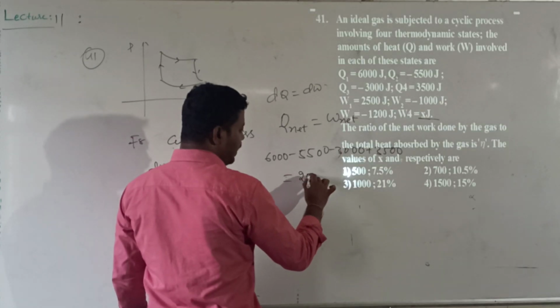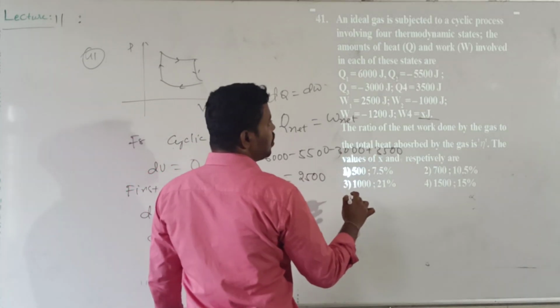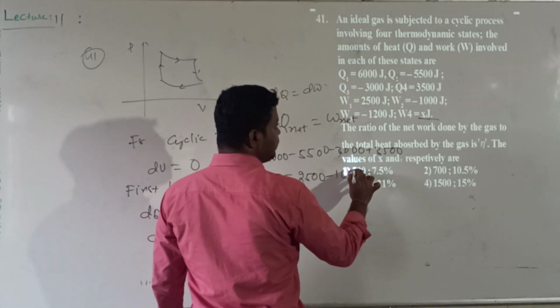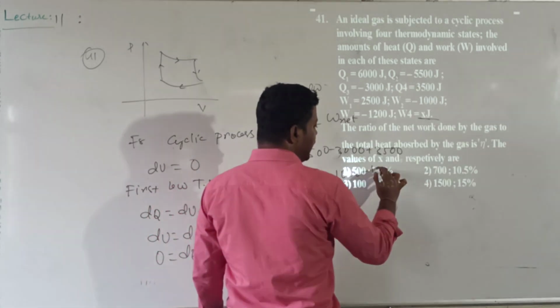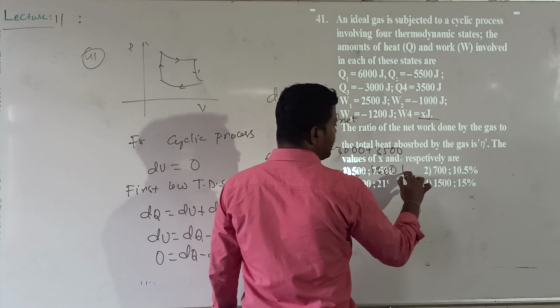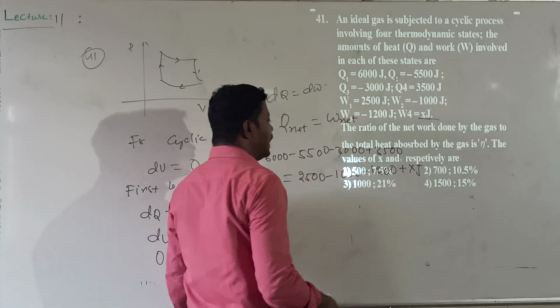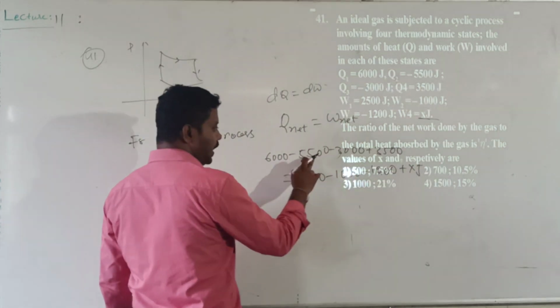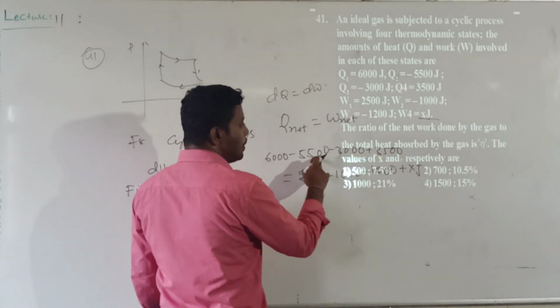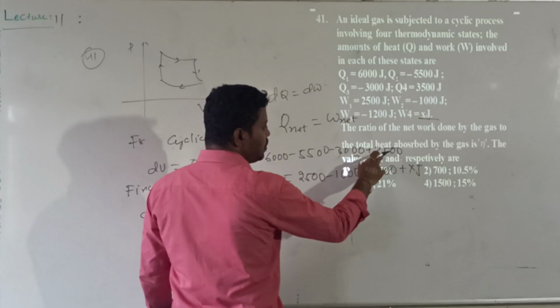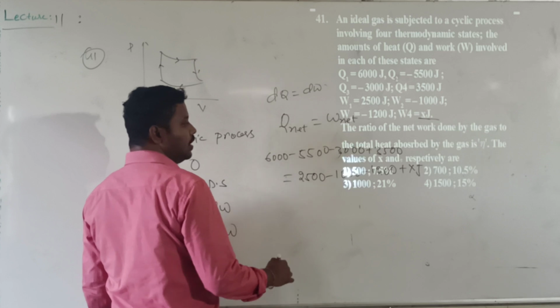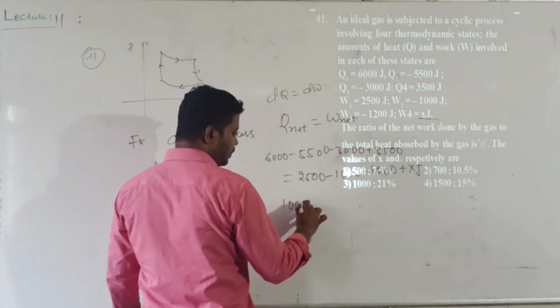So 2500 minus 1000 minus 1200 plus x into G. Adding the left side, 6000 minus 5500 is 500, minus 2500 minus 2500 plus 3500, so that is plus 1000.